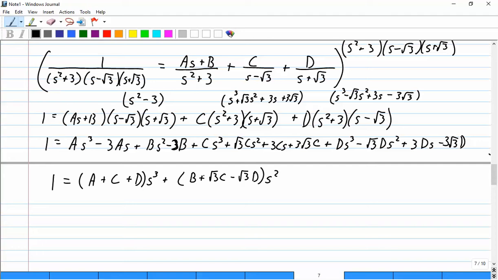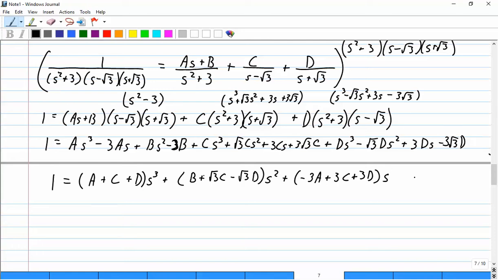Now look for all the s terms, and put plus negative 3A plus 3C plus 3D times s.